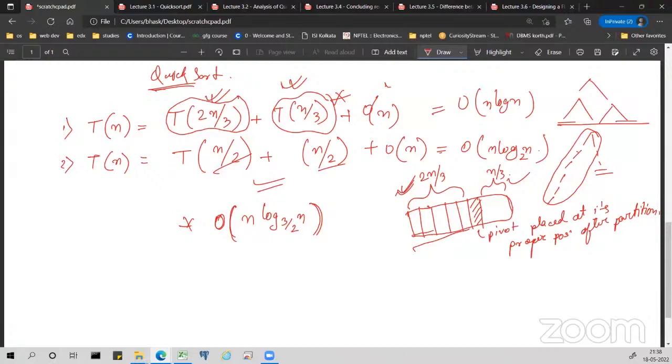Obviously, you are breaking the array every time into n by 3, 2n by 3, whatever, that way. So I'm writing it as n log of base 3 by 2 of n. Now again, if I write this as order of n log base 2 of n divided by log base 2 of 3 by 2, this is a constant, correct?